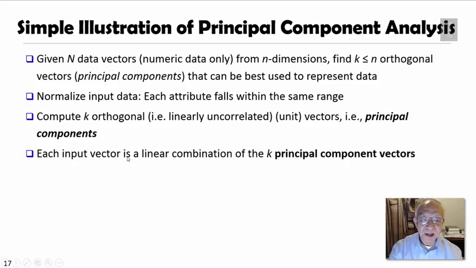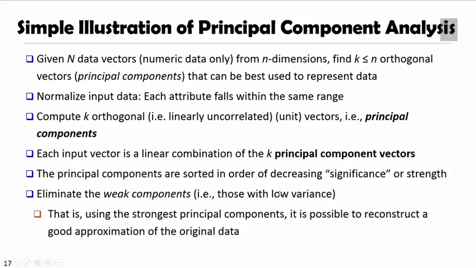Each input vector is essentially a linear combination of these k principal component vectors. Then we can sort these principal components in decreasing order of significance or strength, so the stronger ones are ordered higher than the ones with lower significance.